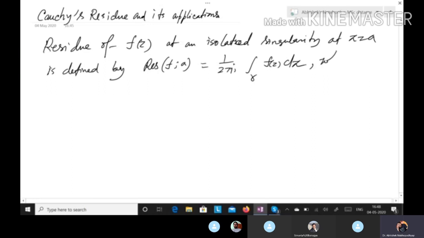where gamma is a circle centered at a with radius r, and it is a circle in the annular domain in which f is analytic.